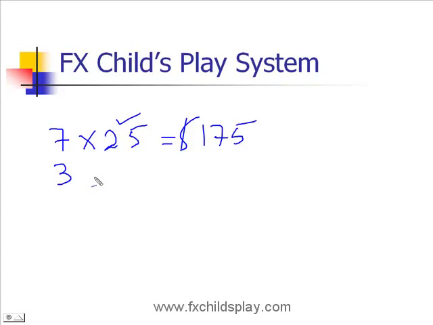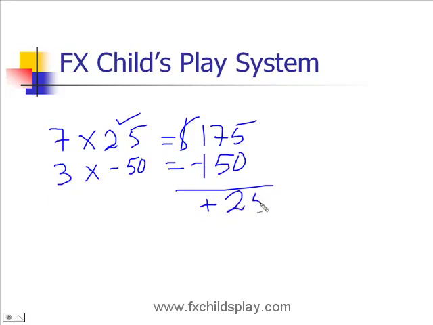So we have 3 on, and remember our risk was 50 pips. We will wind up with $25 profit.